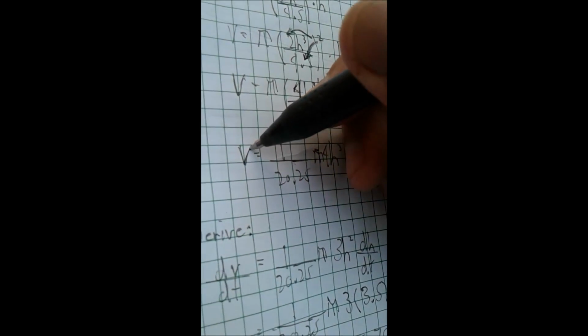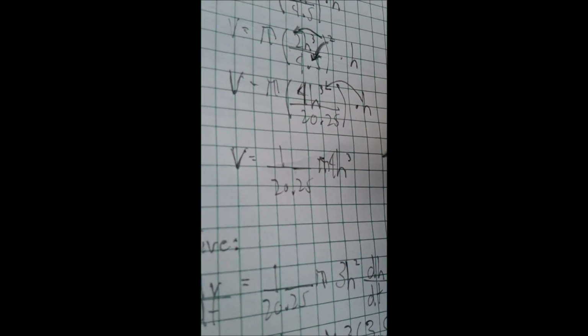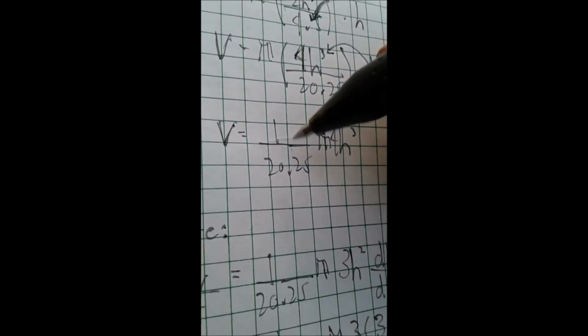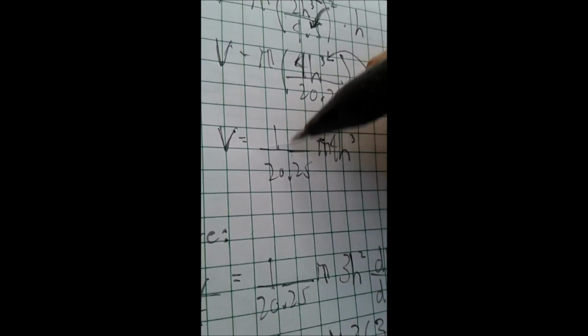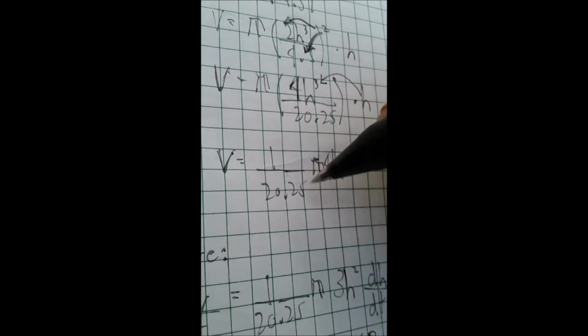We'll move on to the fourth step, before we derive all the values for 4h cubed over 20.25. I know it's complicated, but this would be the hardest step because we need to isolate 4h cubed in order for pi to move to 1 over 20.25. How did it become 1 over 20.25?